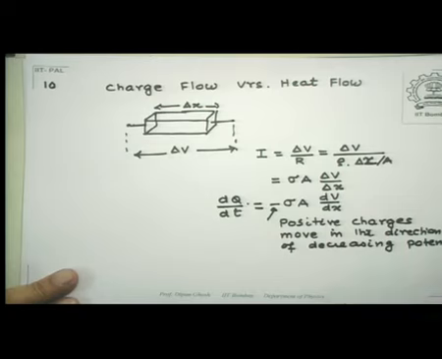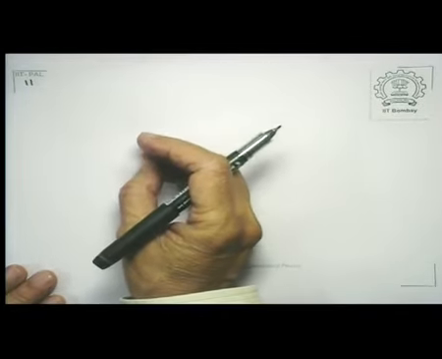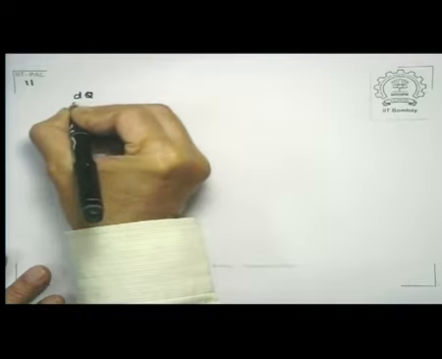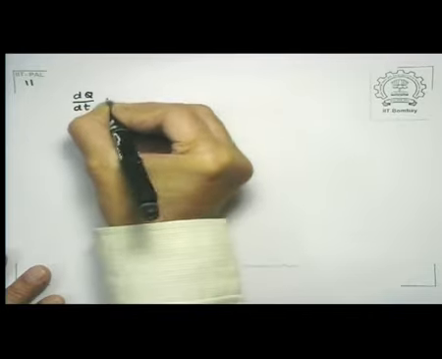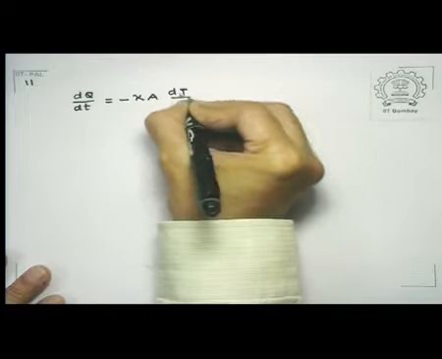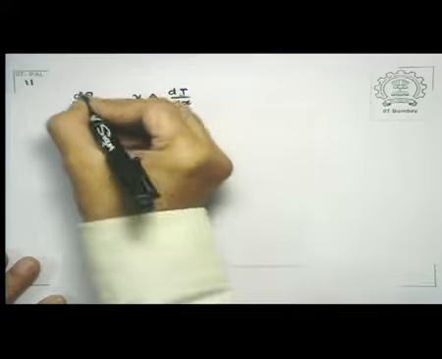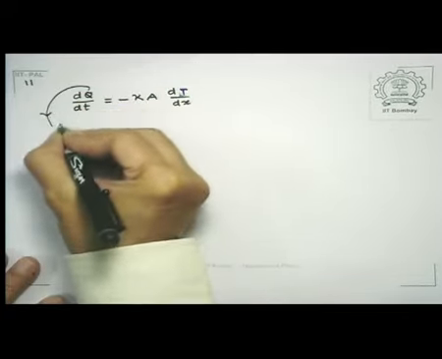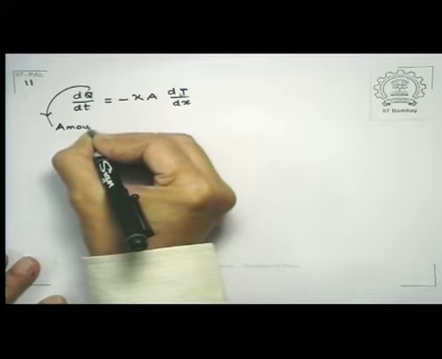Now let us look at what statement I can make about heat flow. If you recall your discussion when you discussed heat conductivity, you will realize the equation for heat transport was given by dq by dt is equal to minus kappa A times the temperature gradient, where this q in this case is actually the amount of heat instead of charge as we are discussing now.